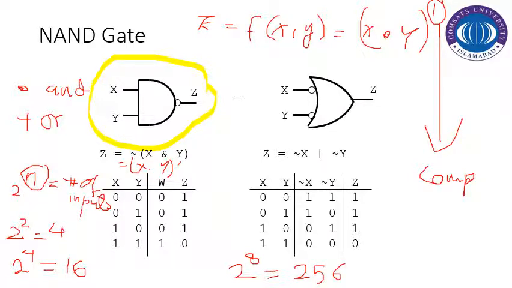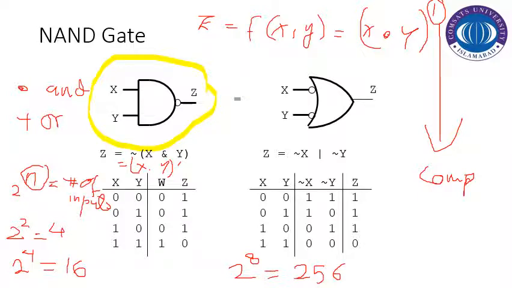So the more inputs, the more values in the truth table, and the truth table expands. Definitely, with more inputs, tracing out all the possible combinations in the truth table would take some time.